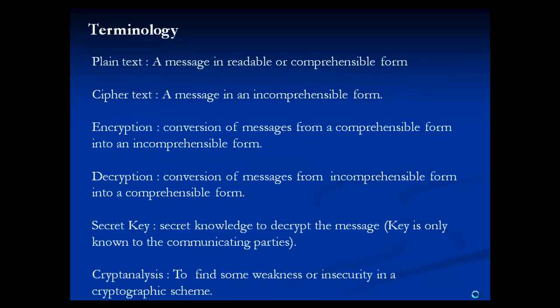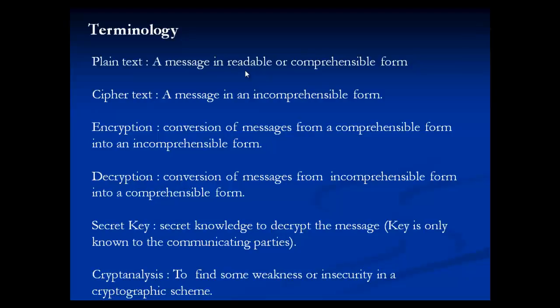This is the basic terminology that we have to know before actually getting into the cryptography techniques. Plain text: a message in readable or comprehensible form. Ciphertext: after converting into some unreadable format, we get ciphertext, a message in an incomprehensible form. Encryption: converting the message from plain text to ciphertext is called encryption, and getting back the plain text from ciphertext is called decryption.